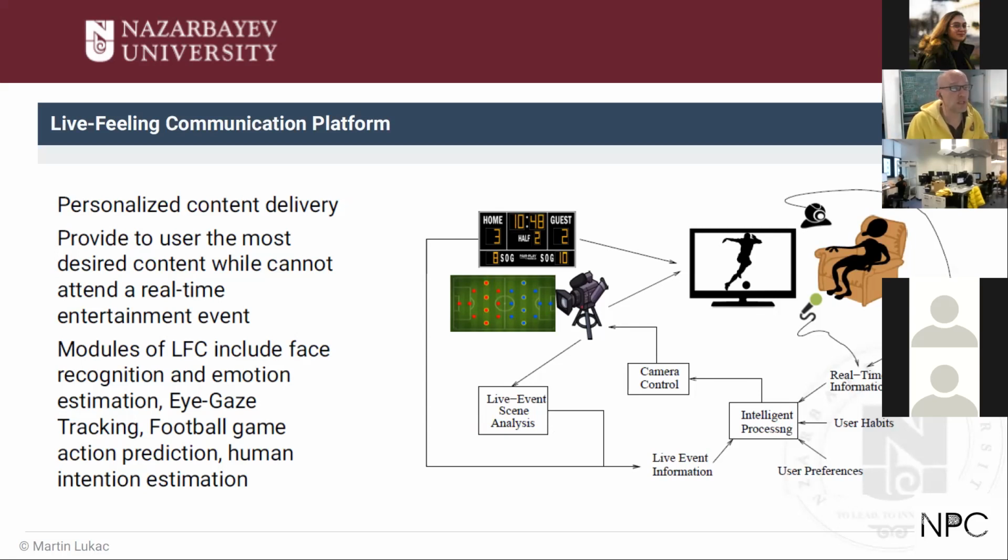Or if you don't like Messi and Messi is playing some action, maybe you want to see who will be his receiver. So we are trying to determine, based on individual preferences, what will happen at the same time in the game and therefore what we should show you, so that we increase the experience. Okay.